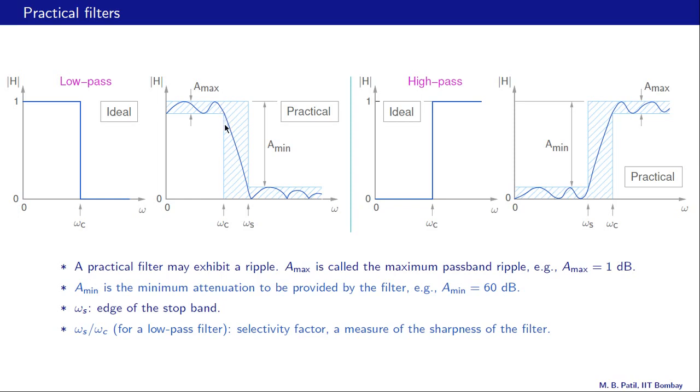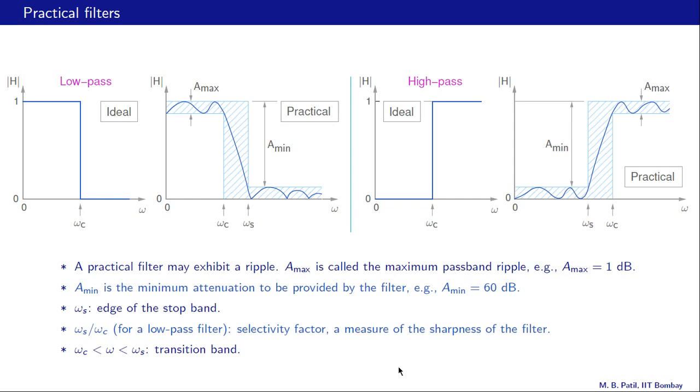We're going to have a very sharp drop here in mod of H, and that of course is preferred. This range from omega c to omega s is called the transition band, this one here. And of course whatever we said about the low pass filter has counterparts also in the high pass filter case.